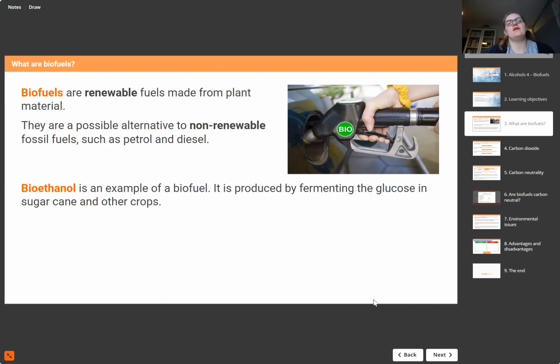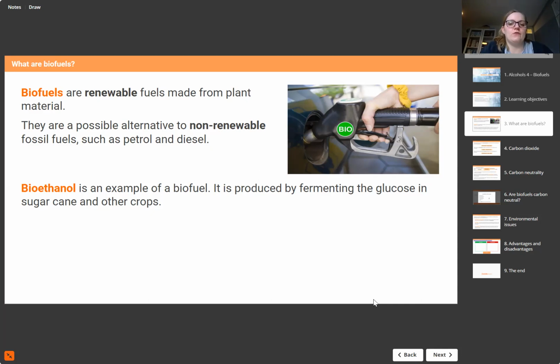Lots of the traditional fuels, let's use diesel for example, come from fossil fuels, which obviously are non-renewable, and we know they're depleting. So there's this move towards biofuels. Can we get something that's renewable? We have electric cars and things, but also biofuels are renewable. So we can use them instead of petrol and diesel. Obviously, you can't just stick them in any car. Cars have to be made specifically to use biofuel.